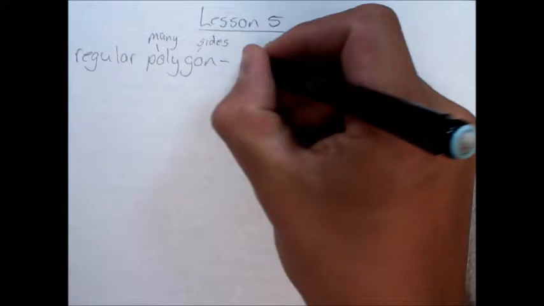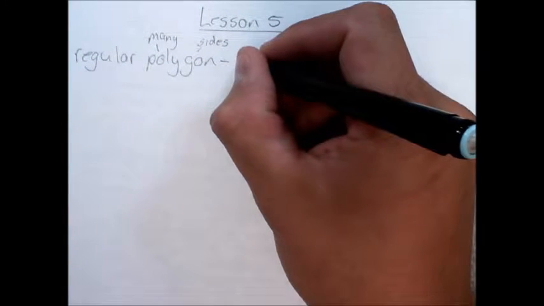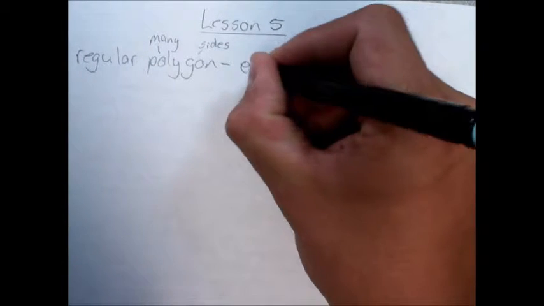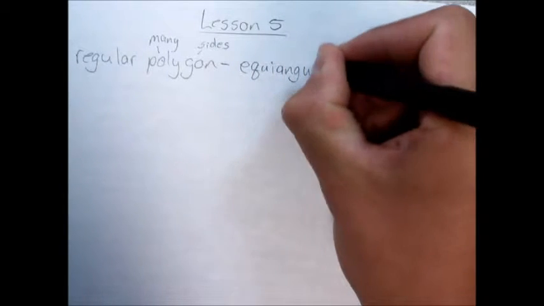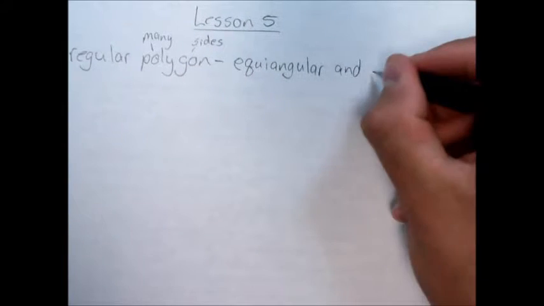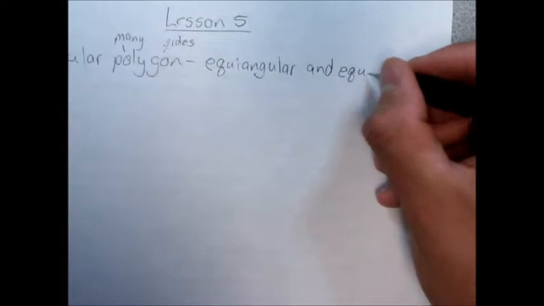Alright, here we go. Regular polygon means all of the sides have equal measure and all of the interior angles are also equal. So this is how I'll write this. They are equiangular and equilateral.